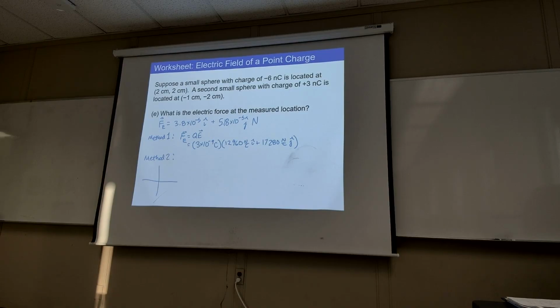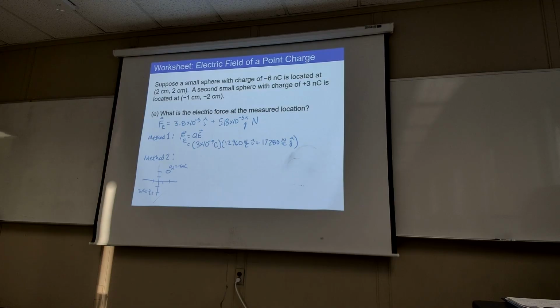In this case, let's just make a little plot here. So here's my charge, Q1 we'll call it, and then here's my other charge down here, that was negative 6 nanocoulombs, and then we have a charge here, that's Q2, the new one, the 3 nanocoulombs.